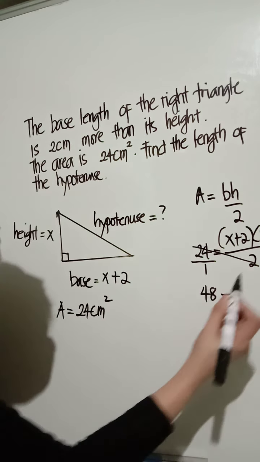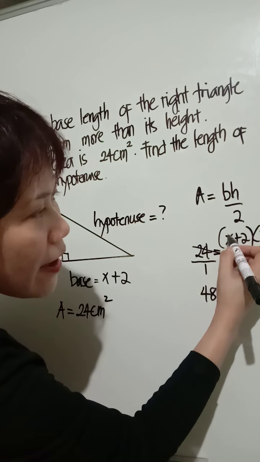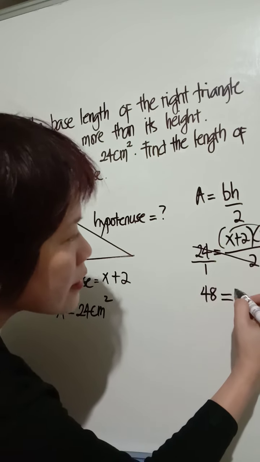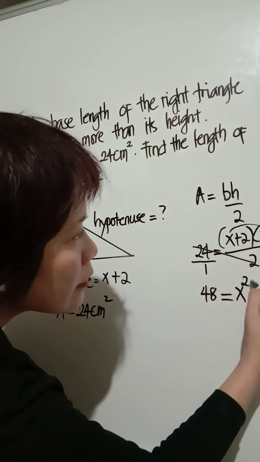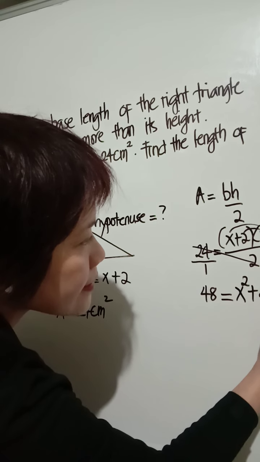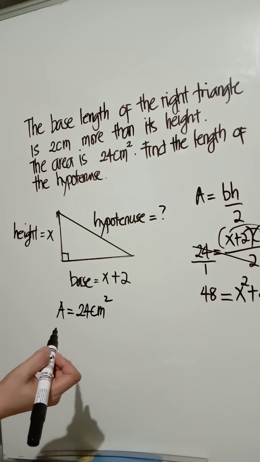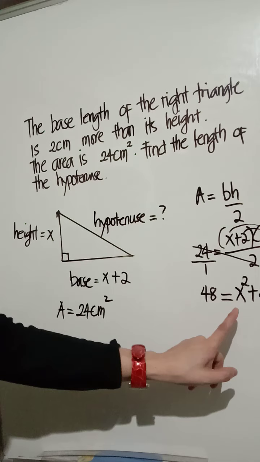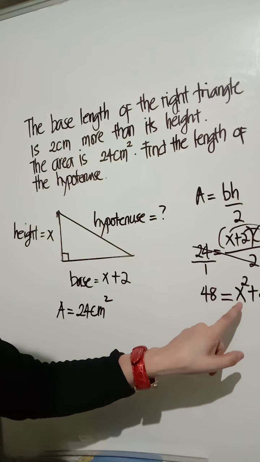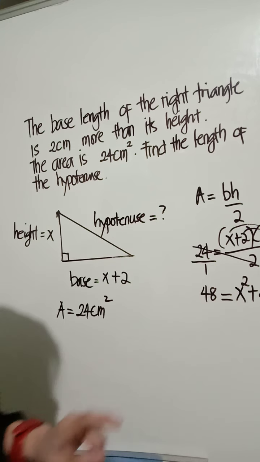And then let's distribute the x in the given binomial. So x times x is x squared, and then x times 2 is positive 2x. The exponent now is 2, so this gives us a quadratic equation.